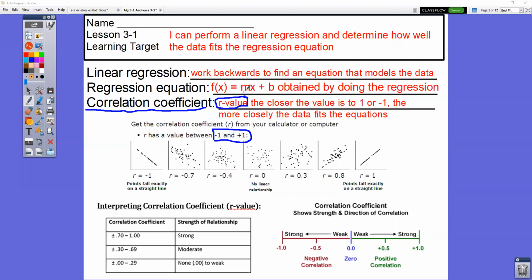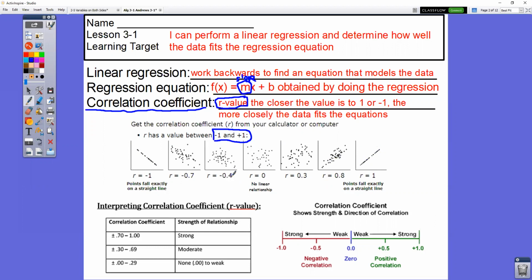Remember, slope is your M. That's the value that's in front of your X in the y equals mx plus b or f of x equals mx plus b. The M is your slope, all right? That's how the line is pitched. So if it has an R value of -1, it's going to be going down. If it has an R value of positive, your slope is going up.